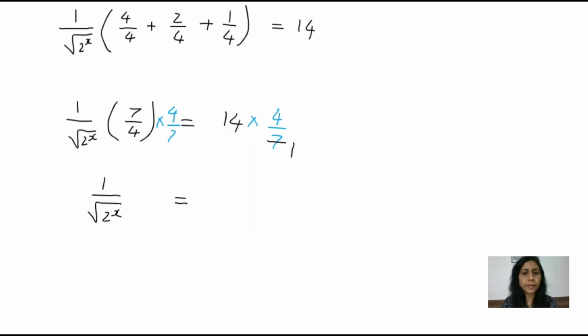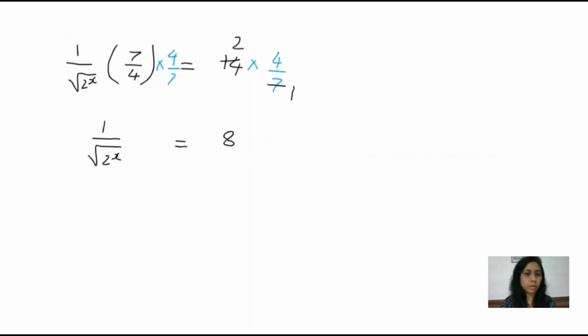And here 7 times 1, 7 times 2 is 14, which gives 2 times 4 is 8. We can write (1/√2)^x is equal to 1 upon 8.